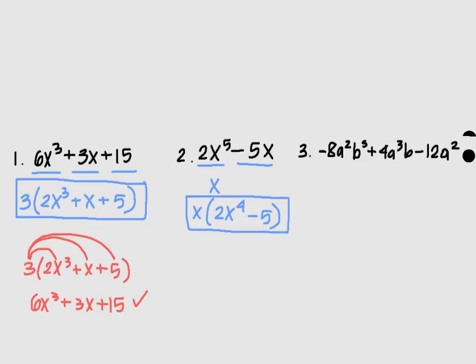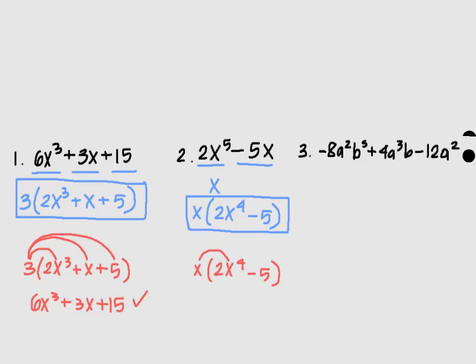We also want to check to make sure that we did this correctly. So again, taking our factored form of the polynomial, x times 2x to the fourth minus 5, and we check our answer by distributing the x back into everything inside of the parentheses.